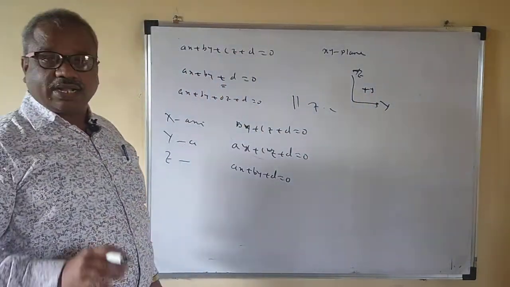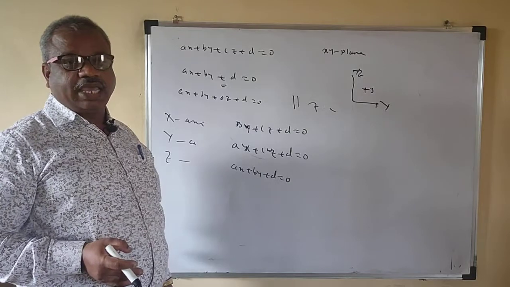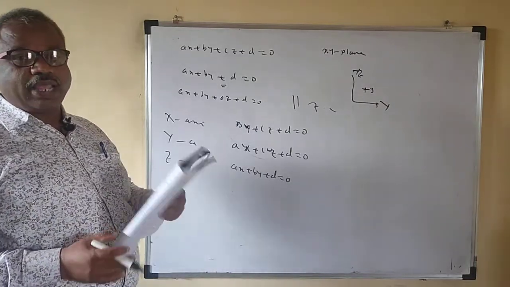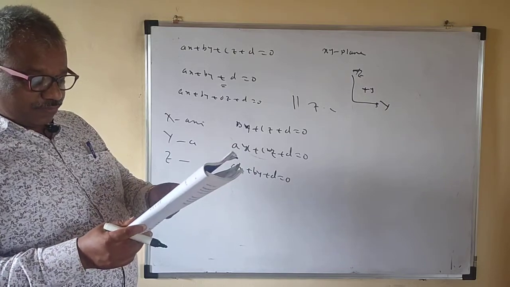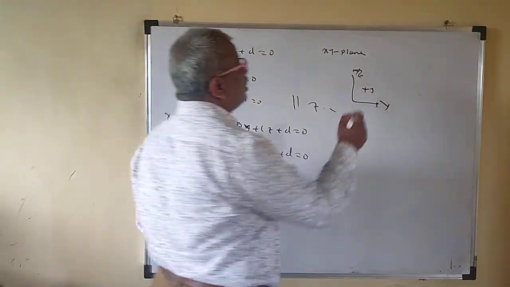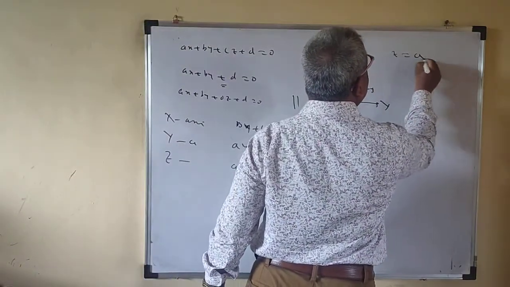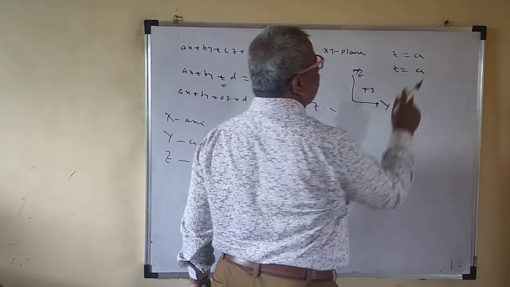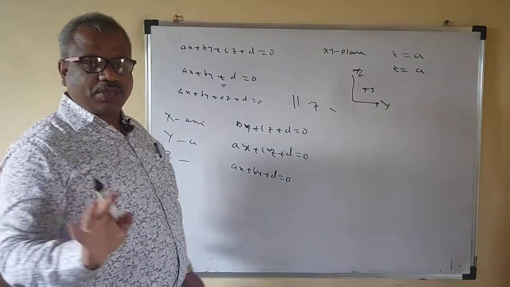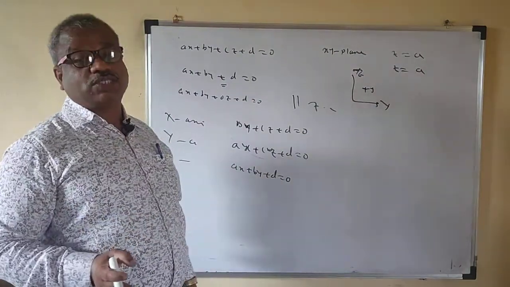A plane containing x axis and y axis is xy plane. And the equation of a plane which is parallel to xy plane is z = a, or z = -a, doesn't matter. So z = a is the equation of a plane which is parallel to xy plane.